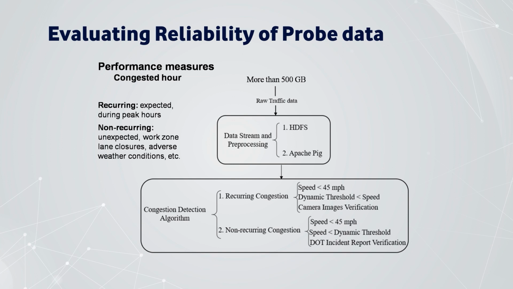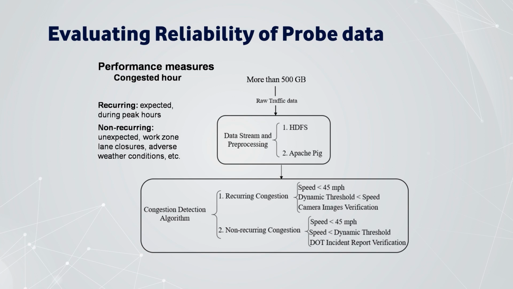And for the congestion detection algorithm, we divided it into two parts, recurring congestion and non-recurring congestion. For recurring congestion, the speed is less than 45 miles per hour, based on a dynamic threshold. Not only that, we also verified with camera images, right?